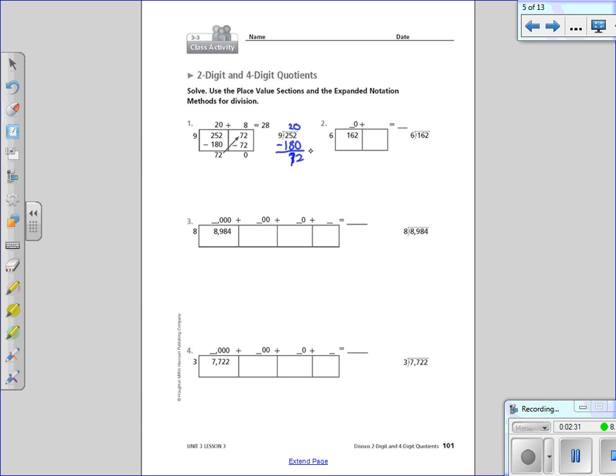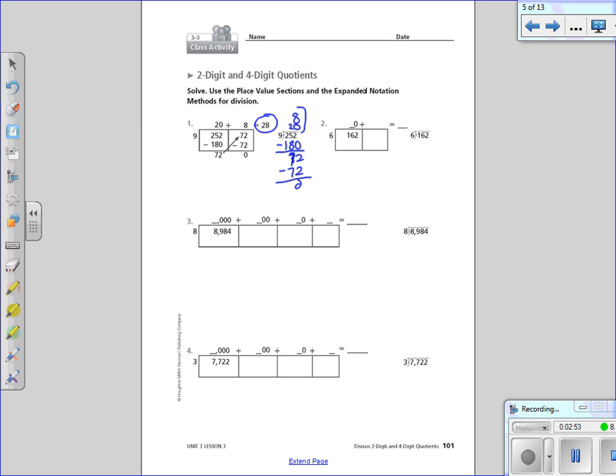Sorry, crazy airliner. Let's see how many times 9 goes into 72. Goes in 8 times. 8 times 9 is 72. I'm going to subtract. I have 0. I still need to add my 2 together to get my total of 28.